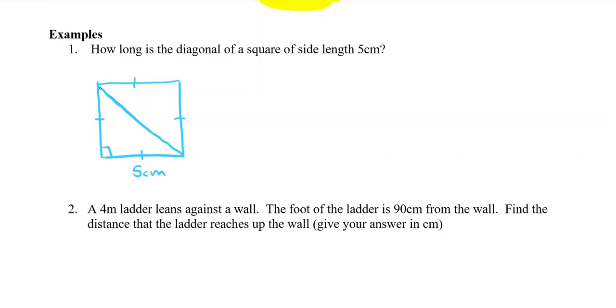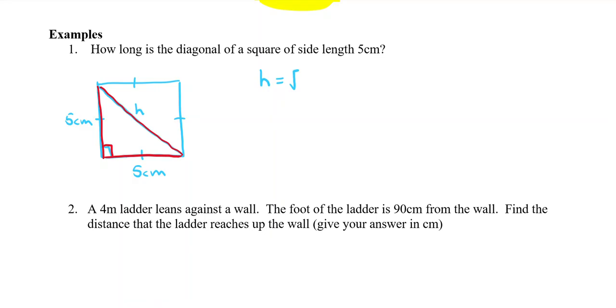I'm just going to be using the right angle triangle that I've just made. This one I'm drawing in red. Now the 5 centimetres on the bottom would also be 5 centimetres on the side because it's a square, remember. So I have the two sides that are next to my right angle, which means I'm trying to find the hypotenuse. So we're going to use our hypotenuse formula.